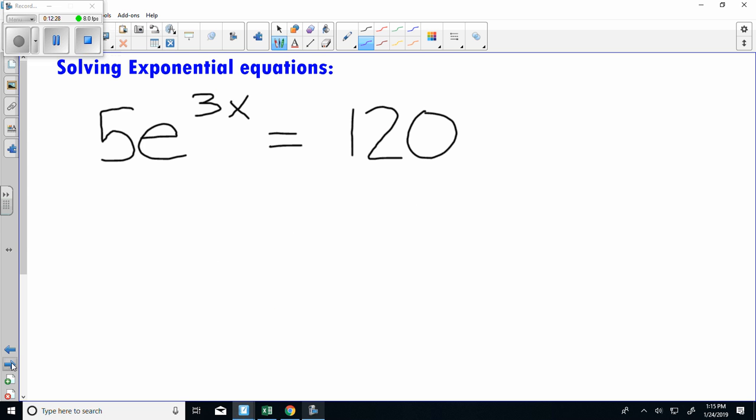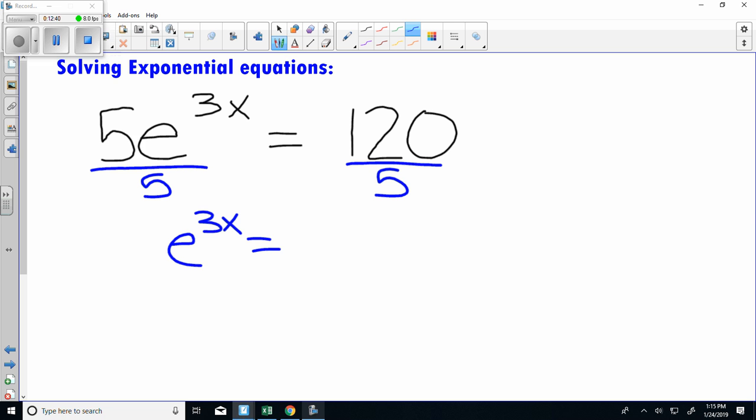All right, this one then says 5e to the 3x equals 120. So we can get rid of the 5 first. To have e to the 3x equals, and 120 divided by 5 is 24. Now how do you get rid of e? Well, the inverse of e would be ln both sides.